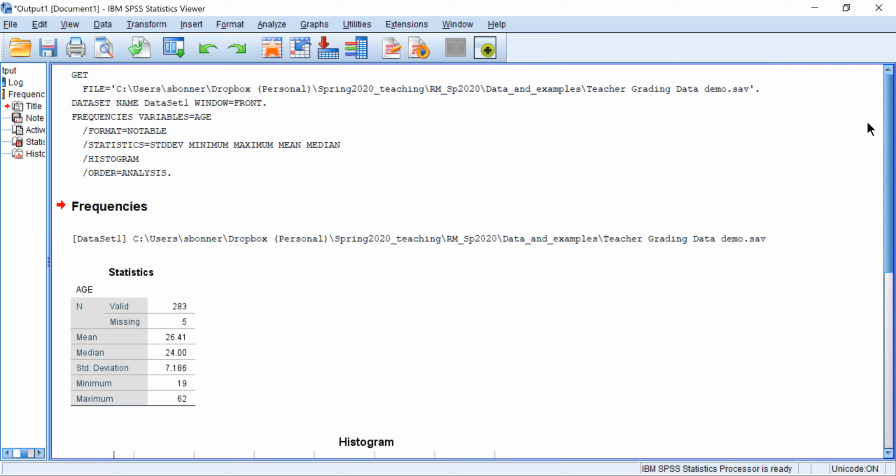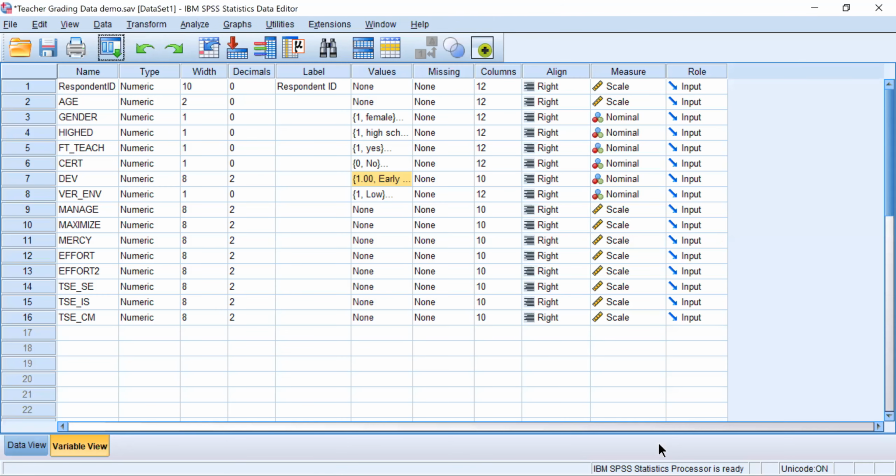So the next thing we want to do is go back to our data and look at the categorical data so that we can examine the variables that are categorical and the relative number of participants within each category.